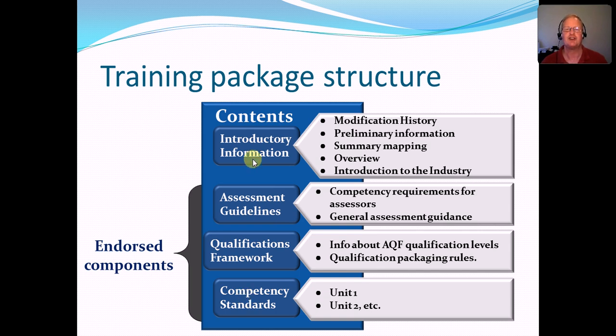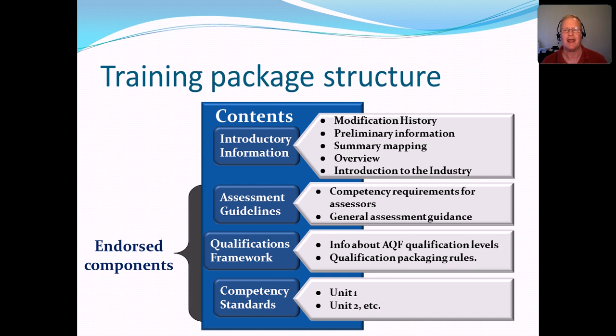If we look at the training package, you'll see that it has the introductory information, information about the modification history, the preliminary information, the summary mapping, and the overview and introduction to the industry that the training package represents. The assessment guidelines set out what the evidence requirements are for that particular training package.